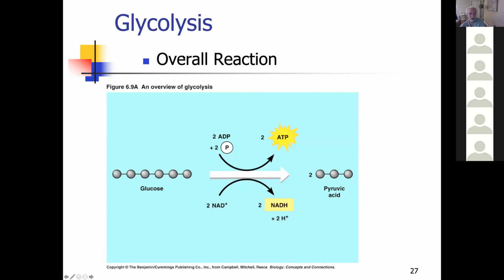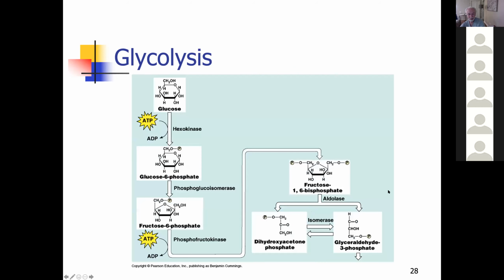So the overall reaction of glycolysis is glucose, 6 carbons, to 2 pyruvates, 3 carbons each. And from this, you get 2 ATPs and 2 NADHs plus 2 protons. You've seen this before.